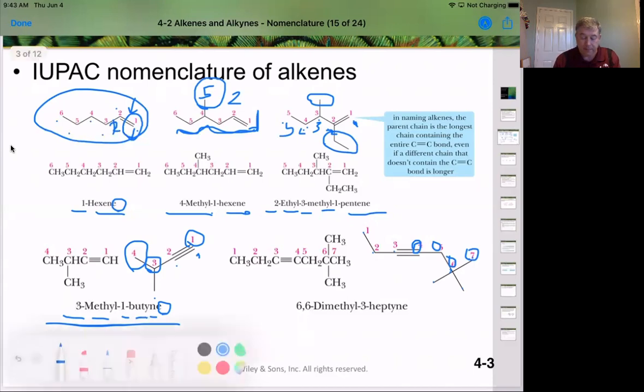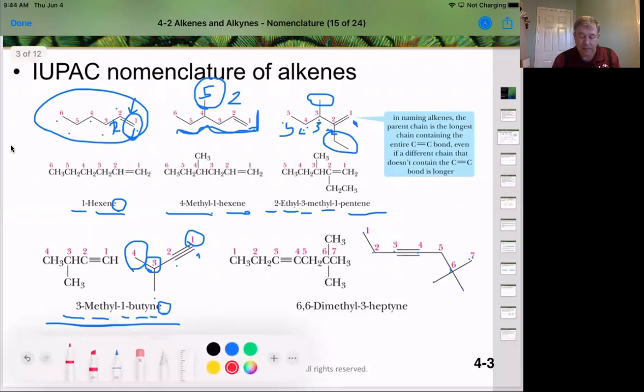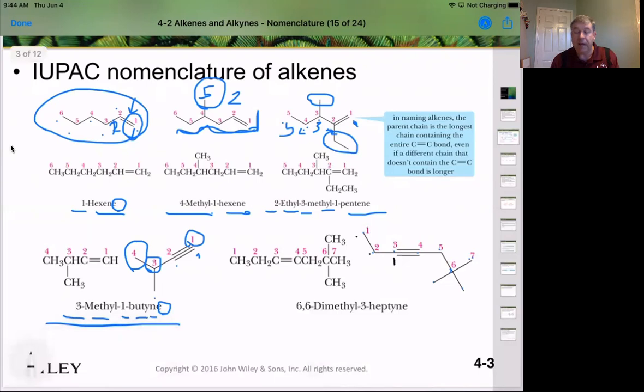Now, if we label from the other side here in red, 1, 2, 3, that puts the first carbon of the alkyne at 3. So that means we have to label from this side and give it the 1, 2, 3, 4, 5, 6, 7 that we have here. So we have the alkyne at 3, and we have 7 carbons, so that's heptane.